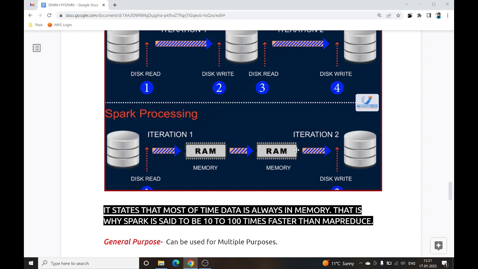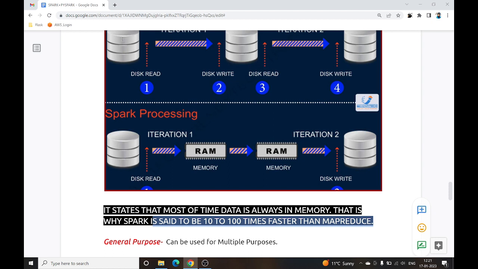This is why we say it is in-memory computation. Spark is in-memory computation because all the intermediate operations happen in memory instead of disk. Most of the data is always in memory. This is why Spark is said to be 10 to 100 times faster than MapReduce.